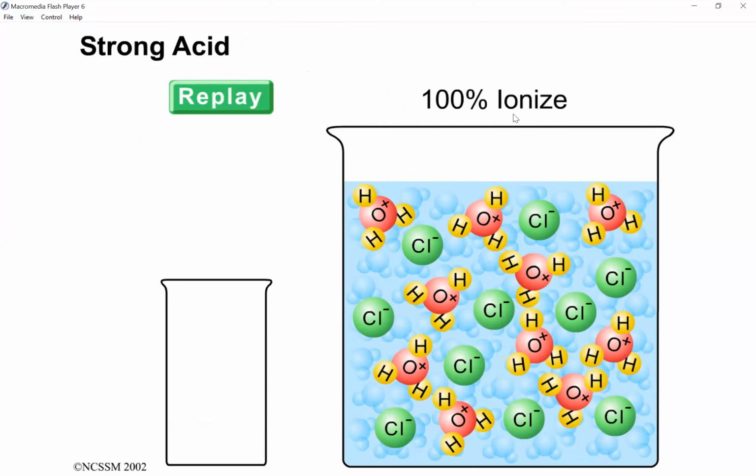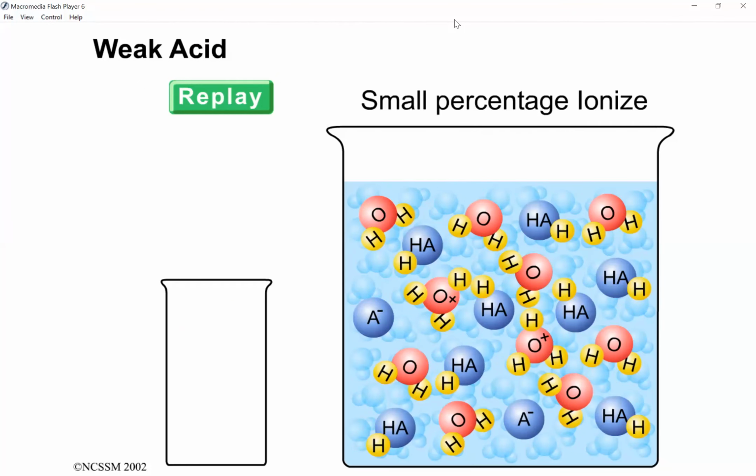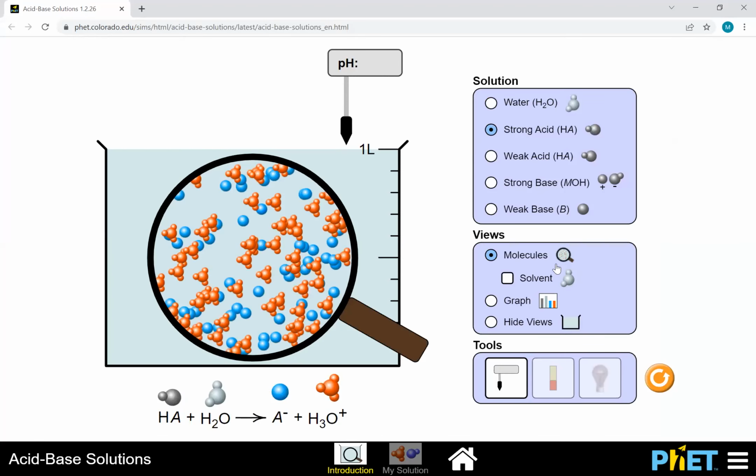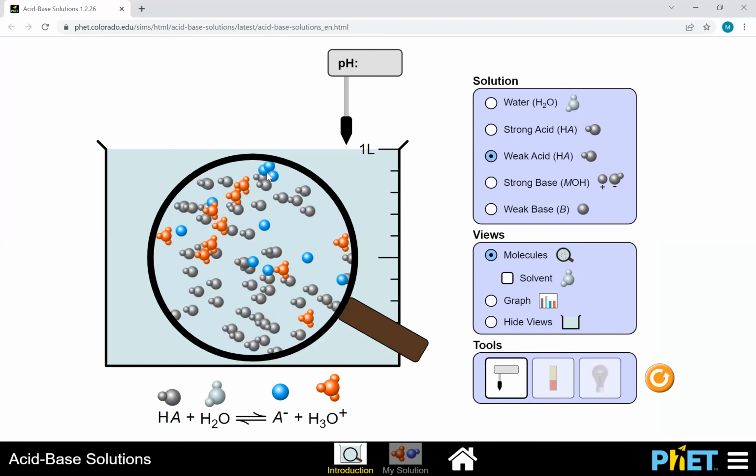Now, what's the significance of the quantity of ions in solution from a strong versus a weak acid? Well, let's say we have a strong acid: lots of H3O plus ions in solution. Weak acid, not so much.